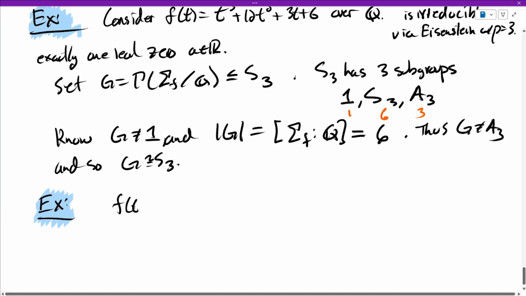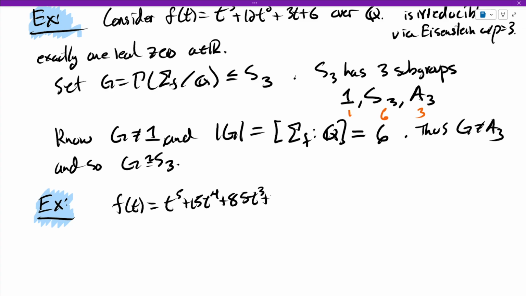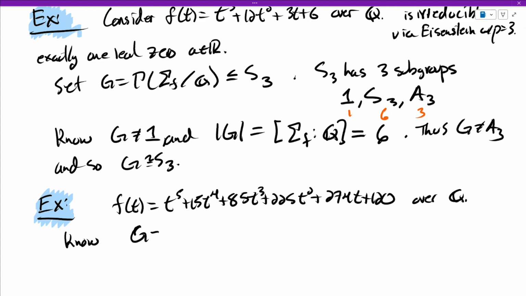If you consider the polynomial t to the 5th plus 15t to the 4th plus 85t cubed plus 225t squared plus 274t plus 120 over Q, we know that the Galois group of the splitting field of f over Q, call it G, is a subgroup of S5, right? Because f has 5 roots.